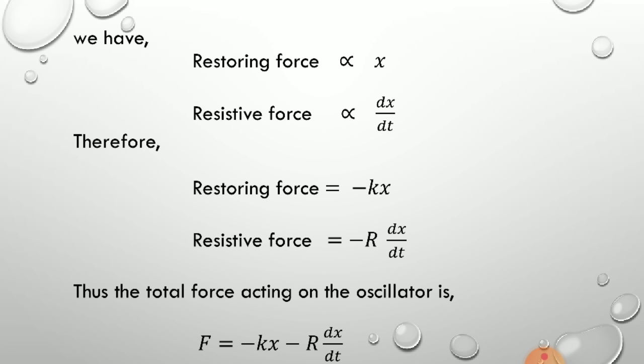Similarly, resistive force is equal to minus r dx by dt, where r is a constant of proportionality, which is the ratio of damping force per unit velocity, and the negative sign indicates that resistive force and velocity are oppositely directed. Therefore, the total force acting on the oscillator is F is equal to minus kx minus r dx by dt.